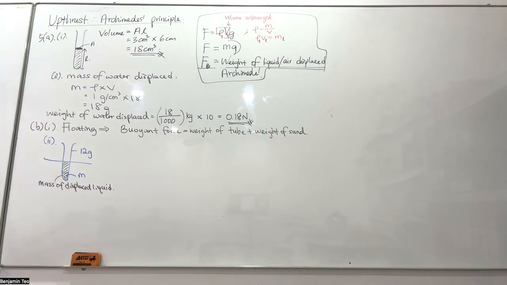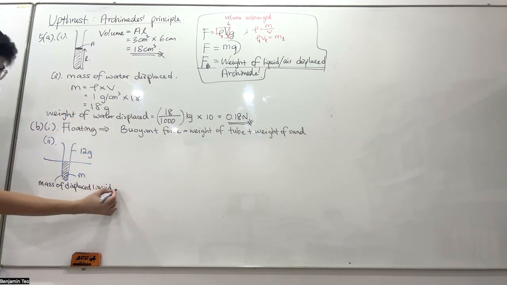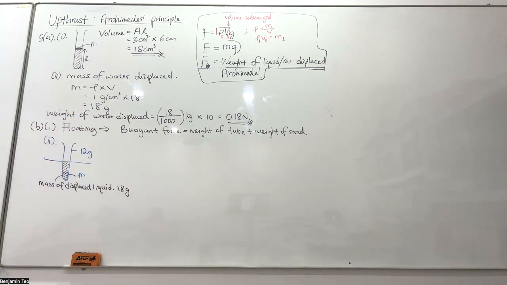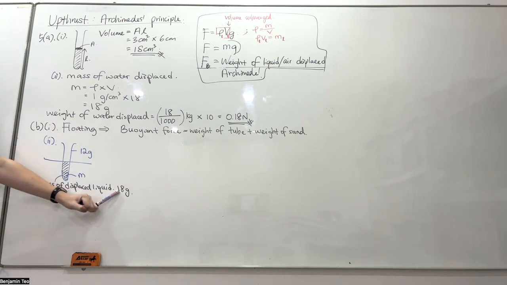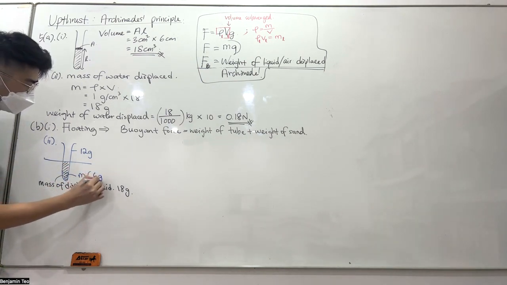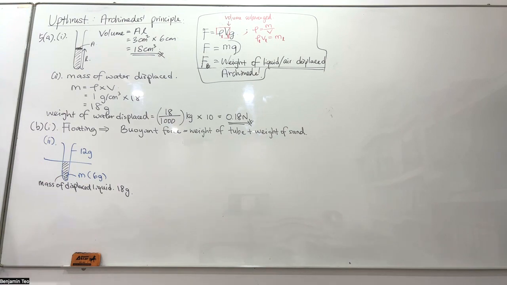A2, mass of water displaced 18 gram. The total mass, 12 plus the mass of sand, must equal the mass of your displaced liquid. Okay, so your displaced liquid mass 18 gram, the tube is 12, this one must be 6. 6. Right.